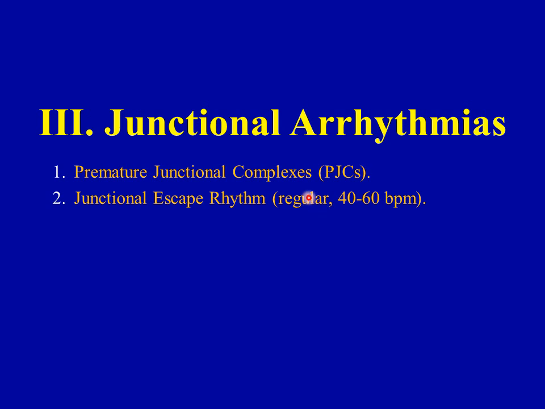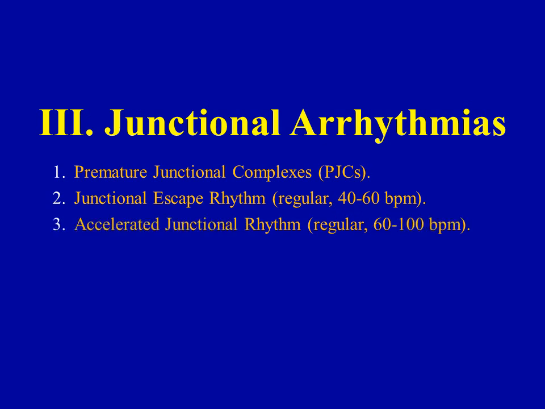This junctional escape rhythm will be at a rate of firing of autorhythmic cells in the junction between 40 to 60 beats per minute. Then we have another type of arrhythmia called accelerated junctional rhythm, and it is regular between 60 and 100 beats per minute, and we'll see how it looks in the ECG in one of the slides.